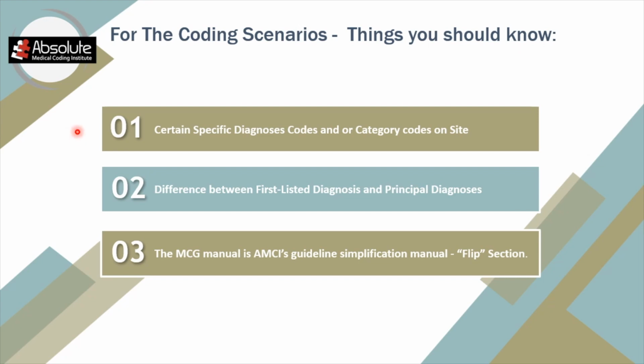Number 1, you should probably know certain specific diagnosis codes and/or category codes on sight. For instance, you should know that B20 is HIV. You should know I10 is hypertension, etc. Knowledge of these codes on sight comes the more you practice.